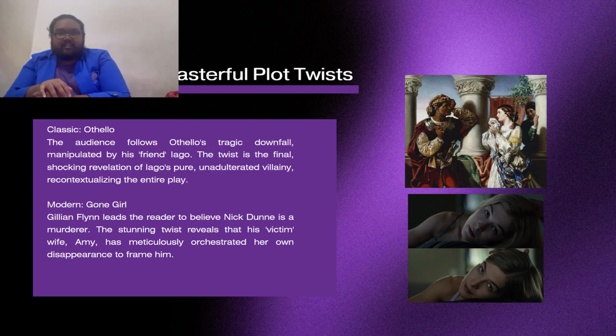For a modern one, in Gone Girl, Gillian Flynn leads the reader to believe Nick Dunne is a murderer. The stunning twist reveals that his supposed victim, his wife Amy, has ingeniously orchestrated her own disappearance to frame him.